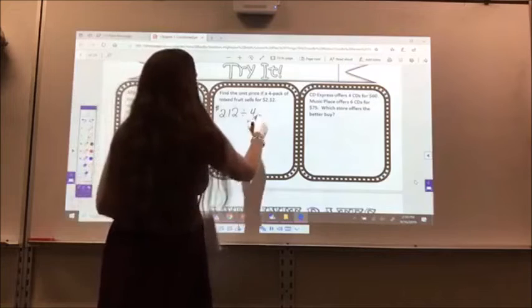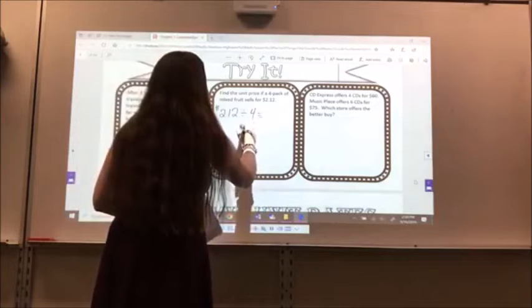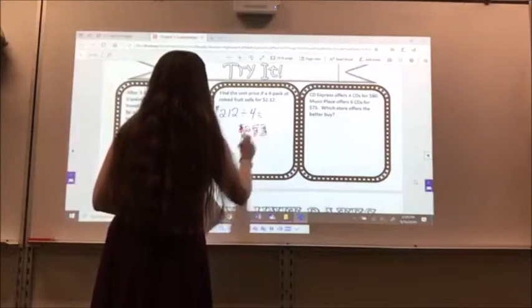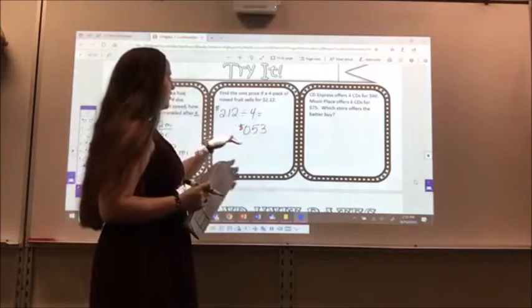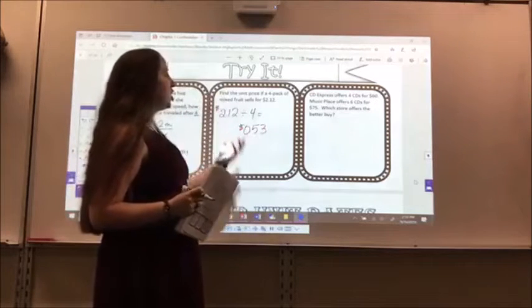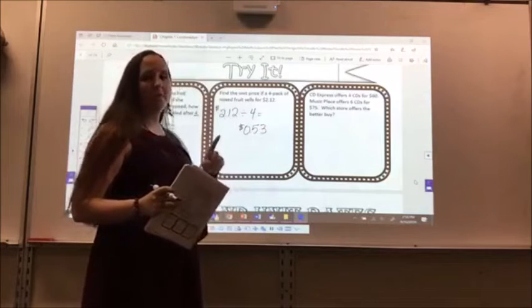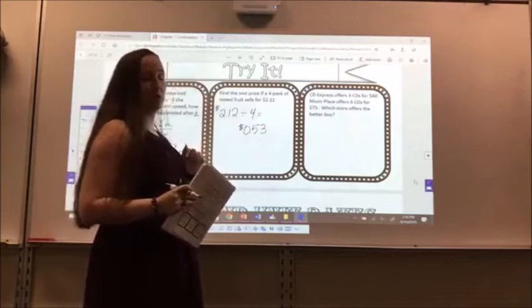When we do that, we get 53 cents. So that means 53 cents is the cost for 1 pack of mixed fruit.